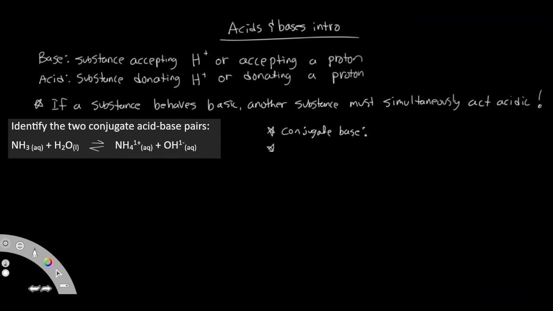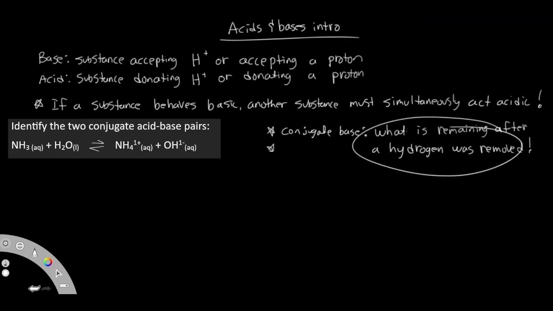So the conjugate base of an acid is what is left over, what is remaining after this hydrogen was removed. So I'll just put it in layman's terms here. What is remaining or left over after a hydrogen was removed? And again, this is in accordance with an acid.